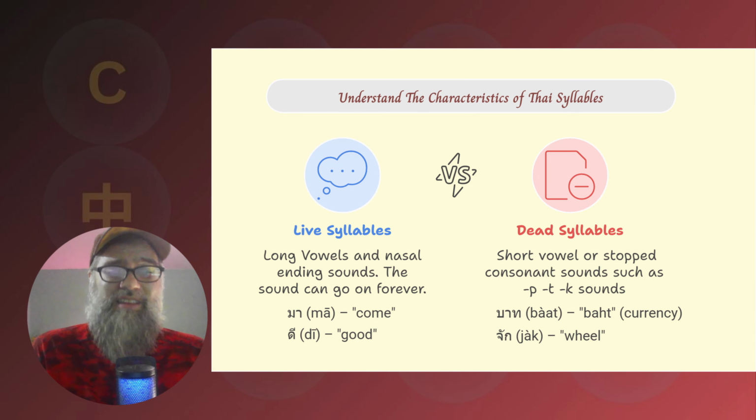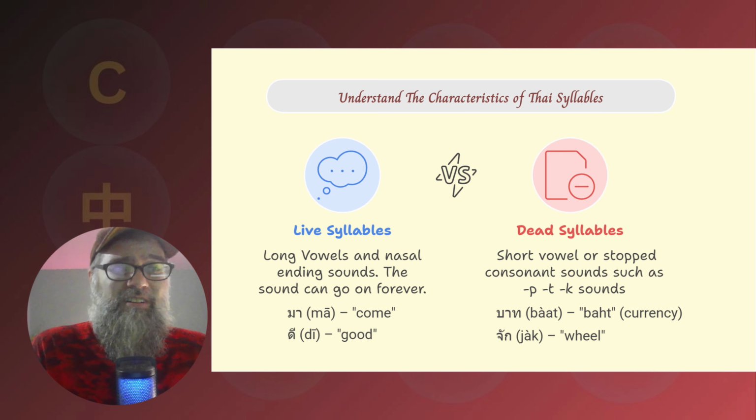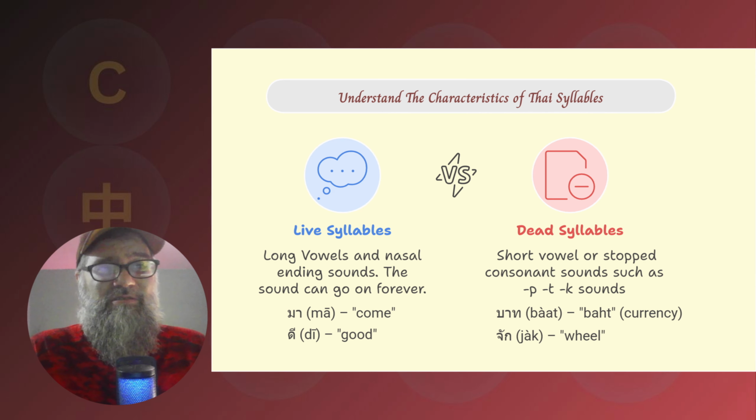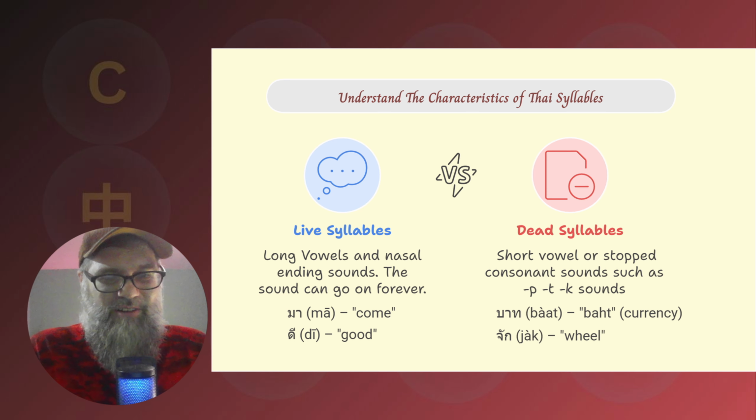There you have it. Dead versus alive endings. They're not just about pronunciation. They can change the tone, meaning, and the rhythm in a language. Like I said at the beginning, if you're learning Indonesian or Malay or Thai, the dead or the short vowels, they kill the sound and they change the tone.